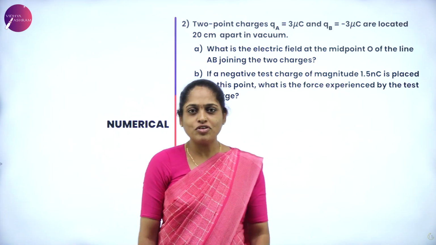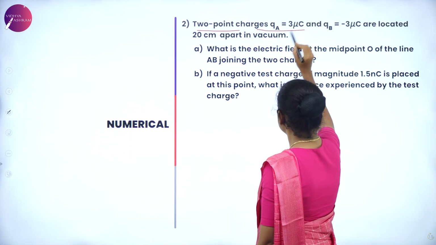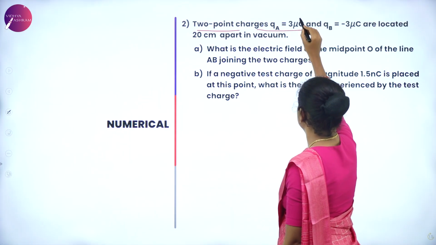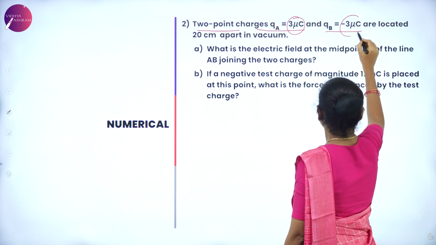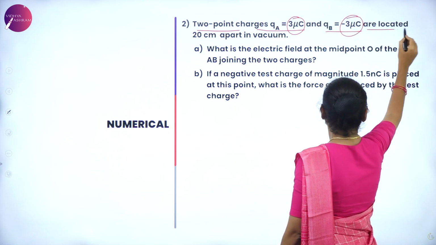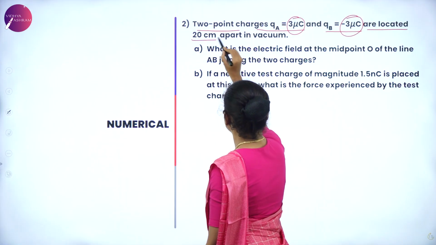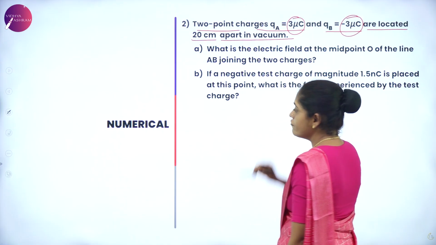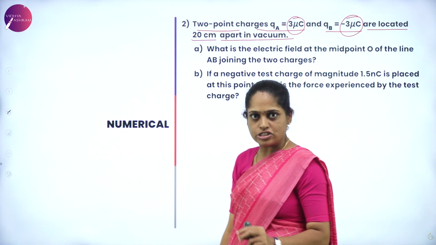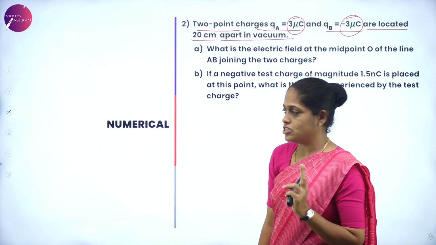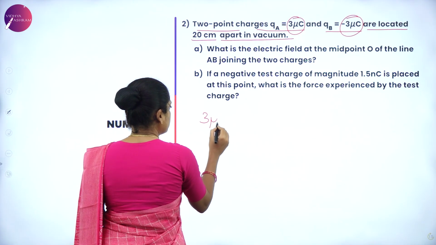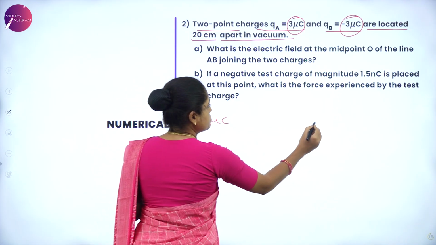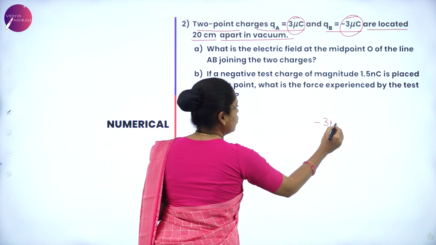Let us continue. Two point charges QA, which is 3 microcoulomb, and QB, which is minus 3 microcoulomb, are located 20 centimeter apart in vacuum. So, according to the question, we have two charges. One is 3 microcoulomb and another one is minus 3 microcoulomb.